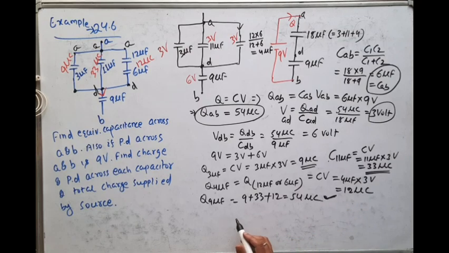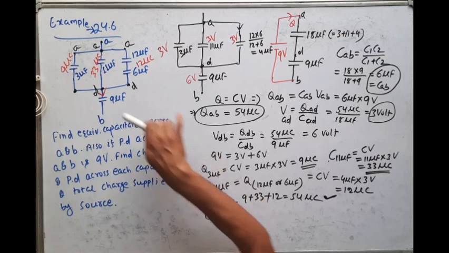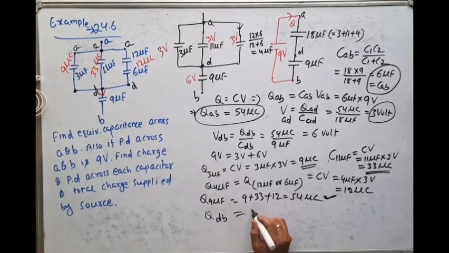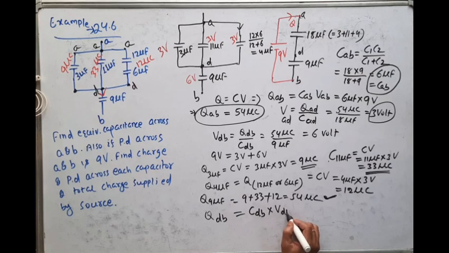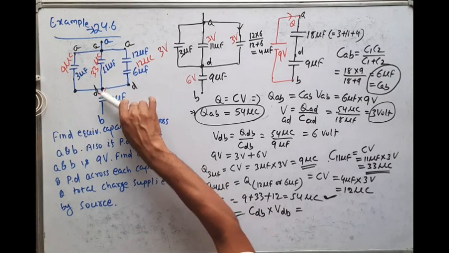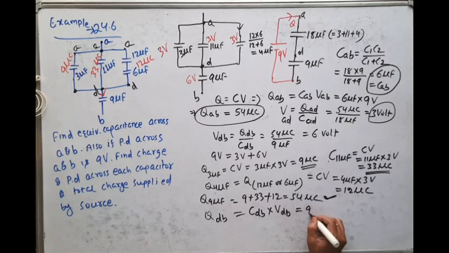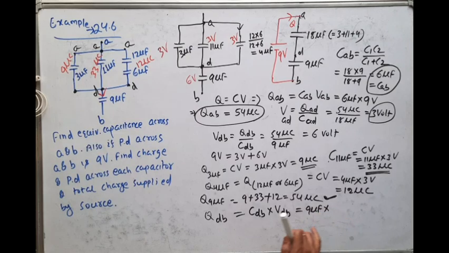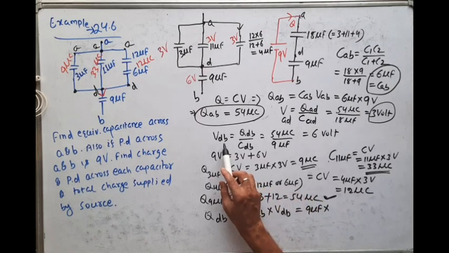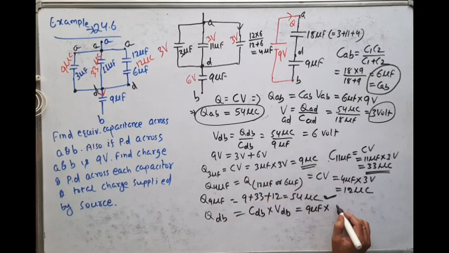Otherwise you can find the charge across the 9 microfarad. So 9 microfarad is nothing but DB. Charge across DB is equal to capacitance across DB into voltage across DB. Capacitance across DB is equal to 9 microfarad. Voltage across DB you have got, 6 volt.